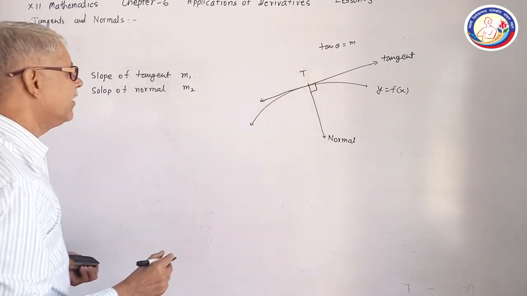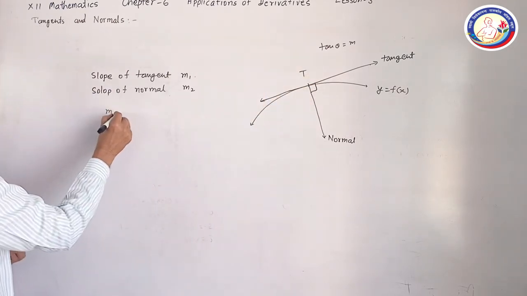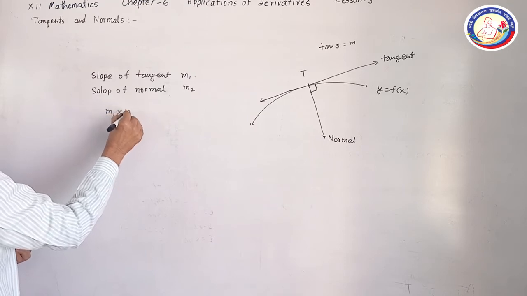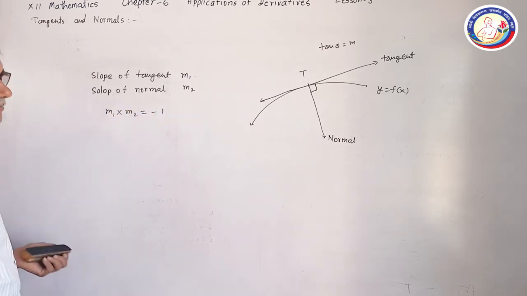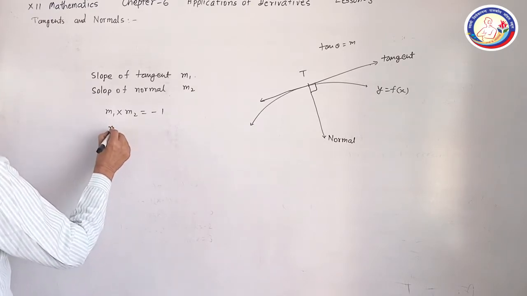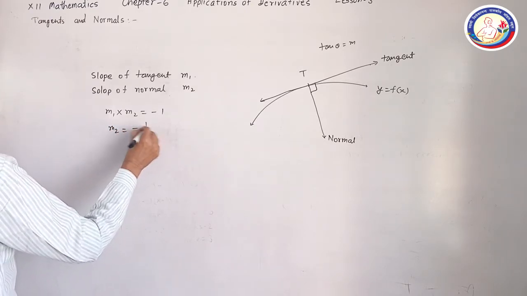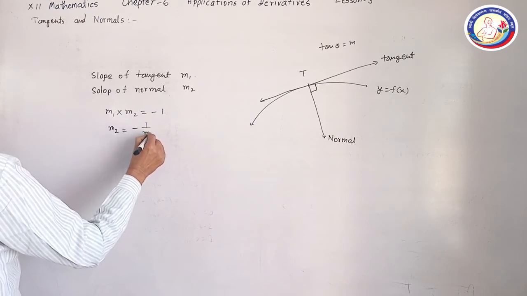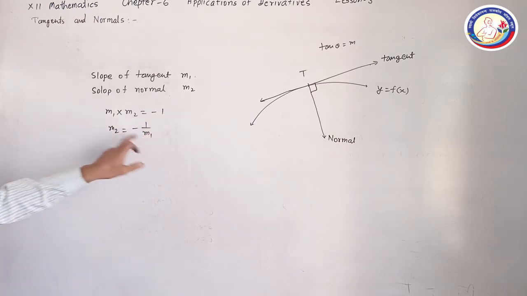Because these are perpendicular, m1 into m2 will be equal to -1, and m1 will be equal to -1 upon m2. This will be the relation.